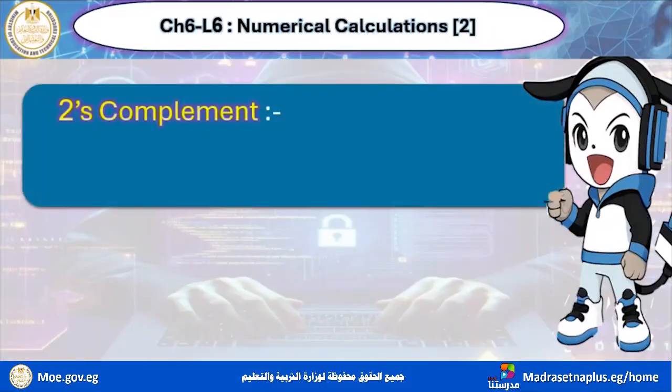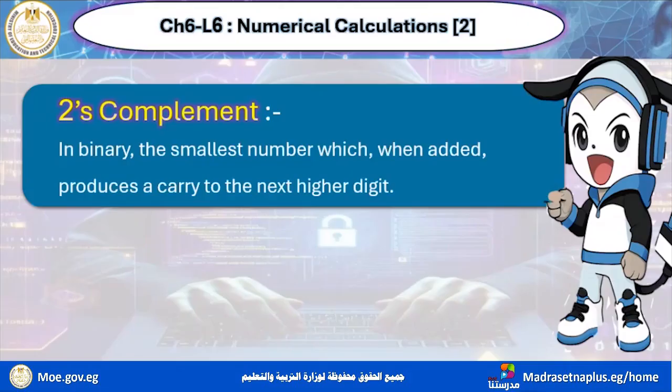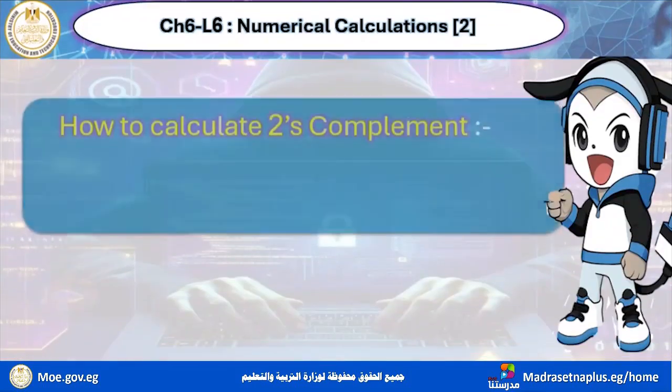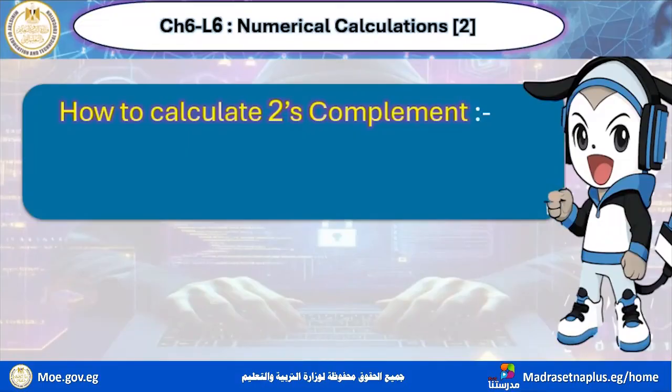The second complement means the complement in binary system, in a system of these two. In binary, it is the smallest number which, when added, produces a carry to the next higher digit. How to calculate the second complement or the binary complement?